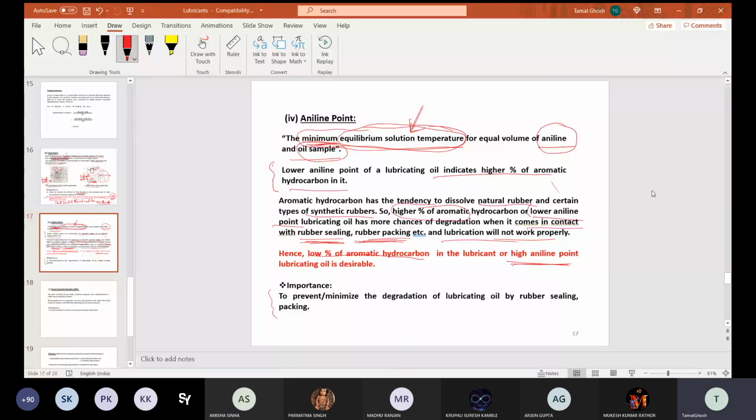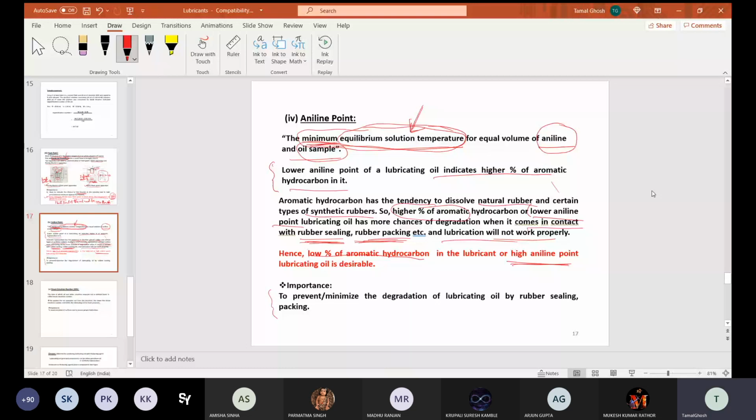So if the oil has a high percentage of aromatic hydrocarbon, that helps to solubilize or make a single phase at a low temperature. That's why a high percentage gives a lower aniline point.